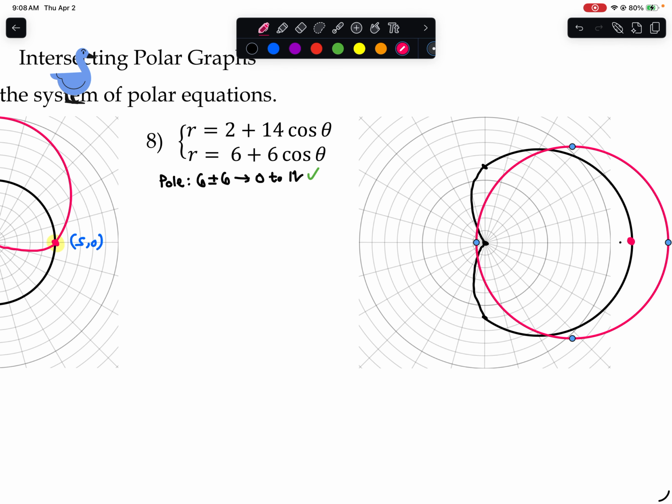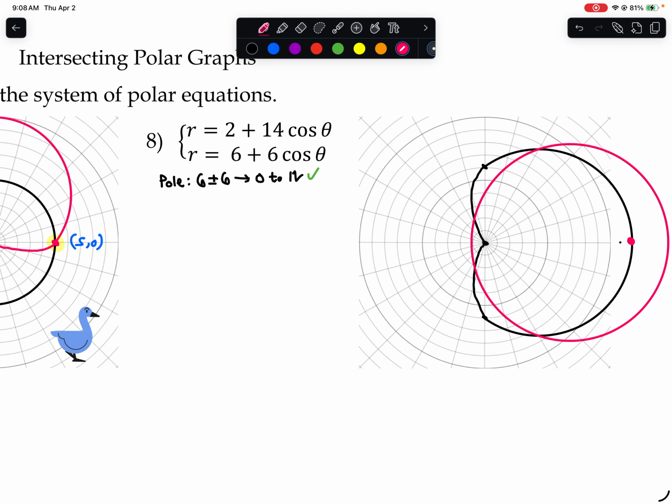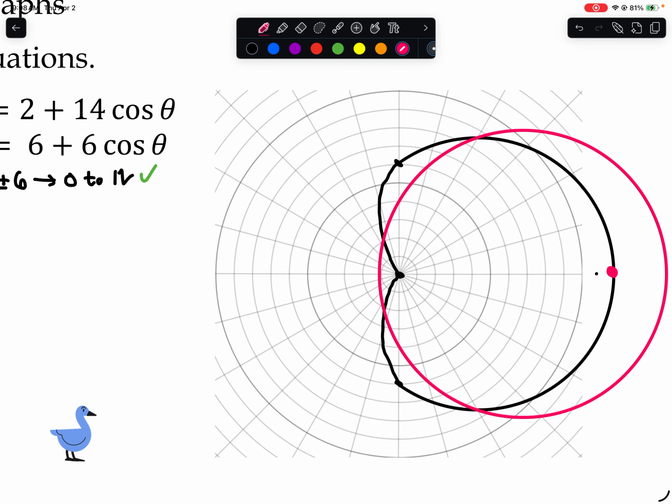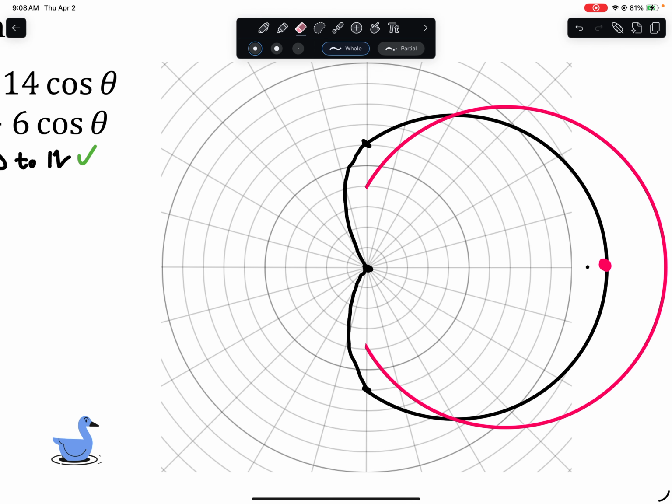Do as I say, not as I do. That's going to be about right there-ish. Okay, so that would be the outer loop, and then I need to get rid of this point and this point. Get rid of this part.